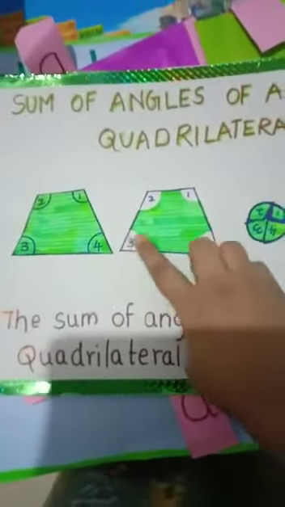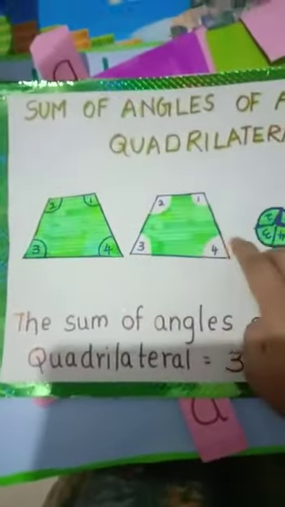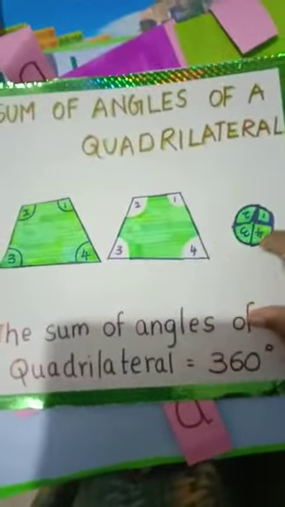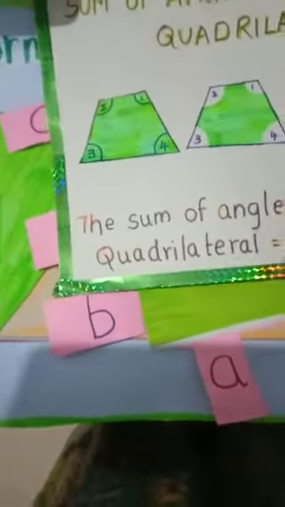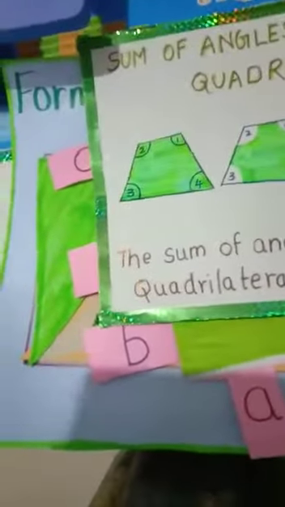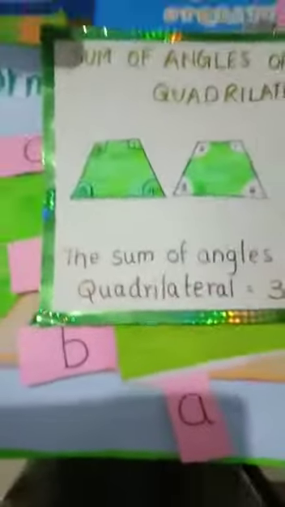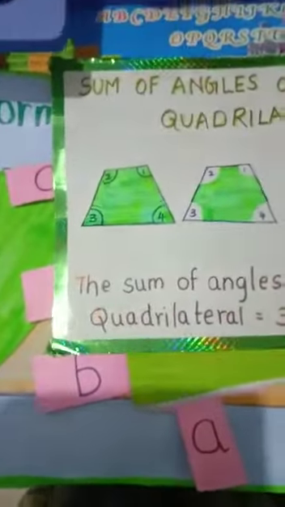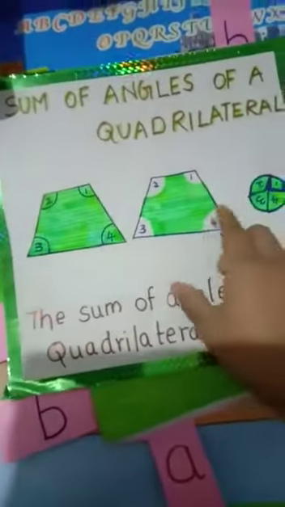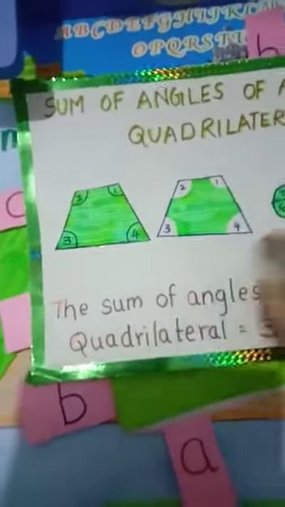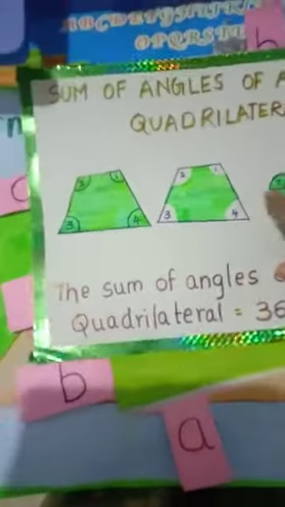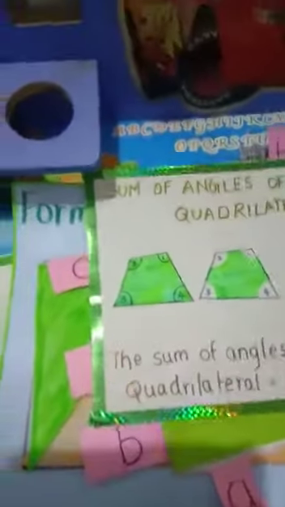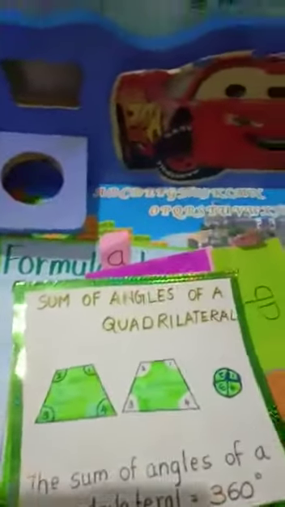See, one angle I cut, second angle, third angle, fourth angle, and it has become a circle. What is the angle in a circle? 360 degrees, right? So the sum of the angles of a quadrilateral is 360 degrees, because if you cut the angles of the quadrilateral and place them, it becomes like a circle.